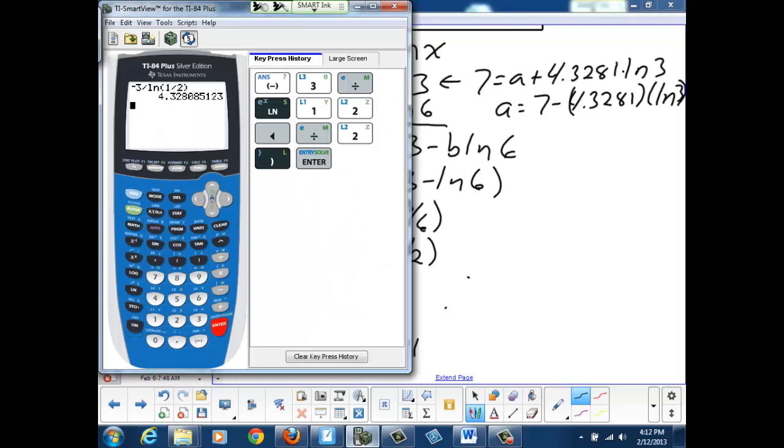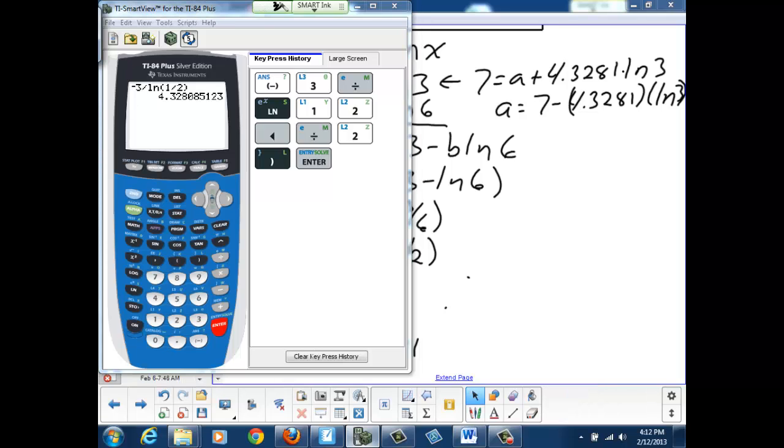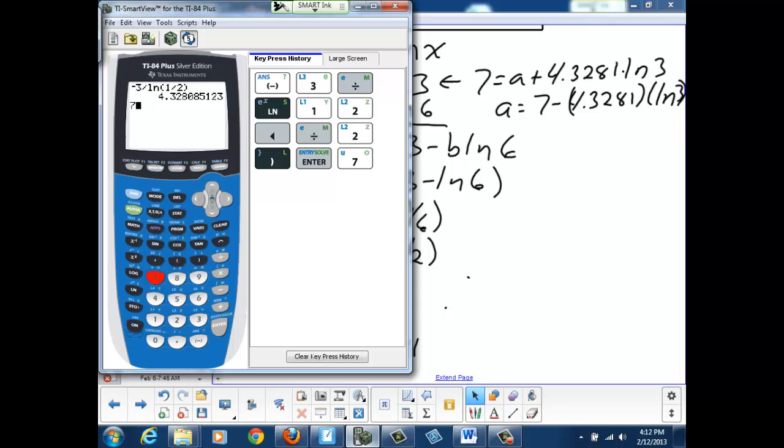So we have 7 minus this value times the natural log of 3.